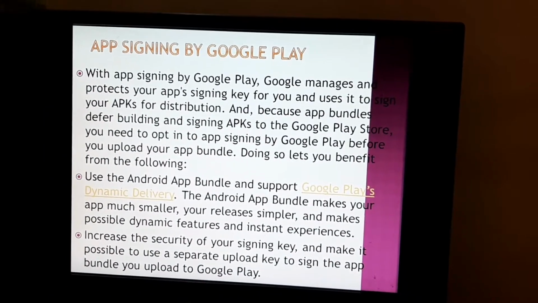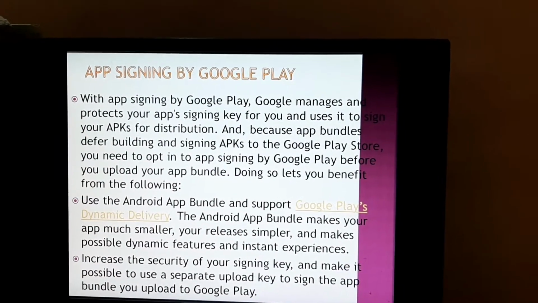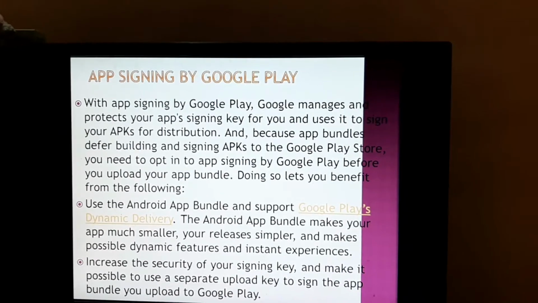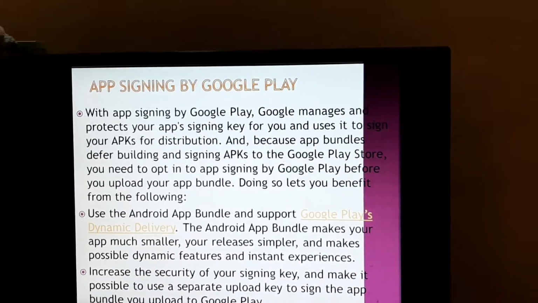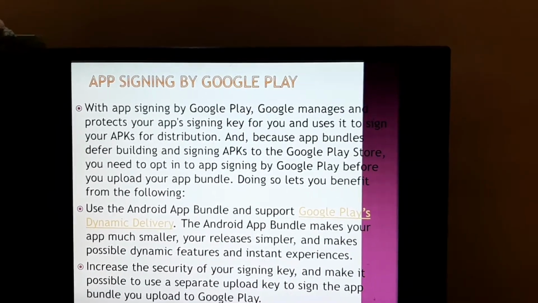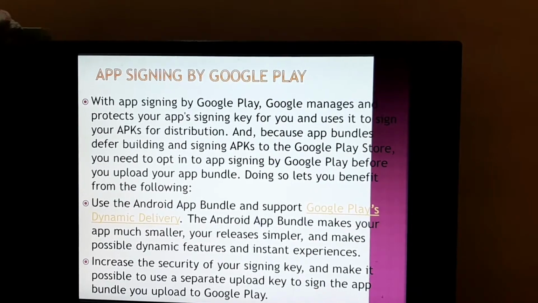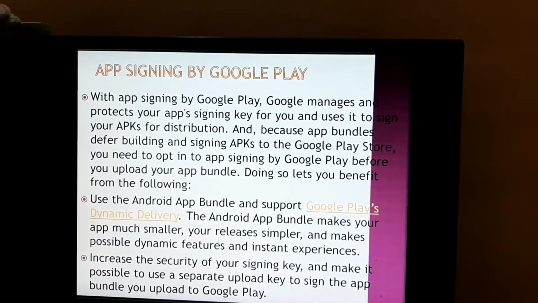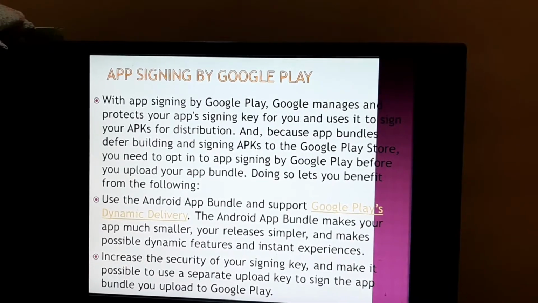This is the most important part: how app signing by Google Play works. App signing by Google Play uses two keys, the app signing key and the upload key, which are described further under keys and keystores. You keep the upload key and use it to sign your app for upload to the Google Play Store.